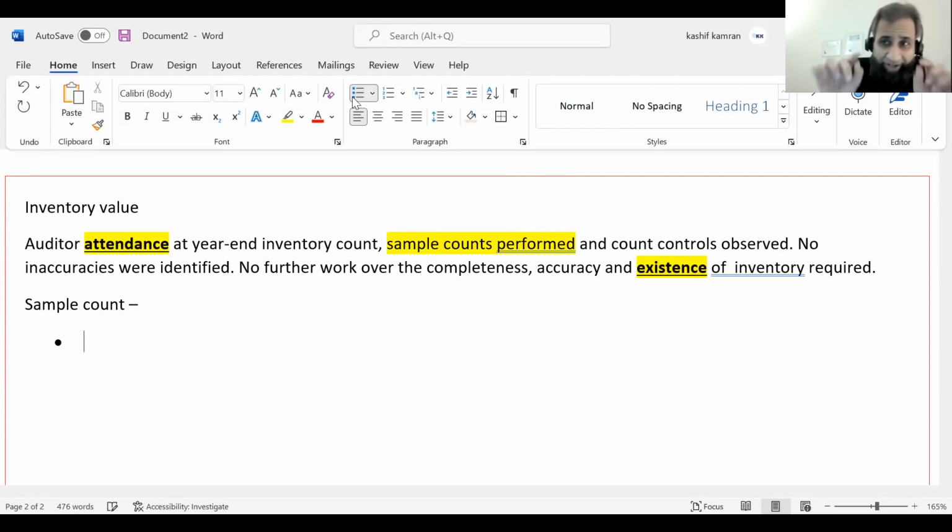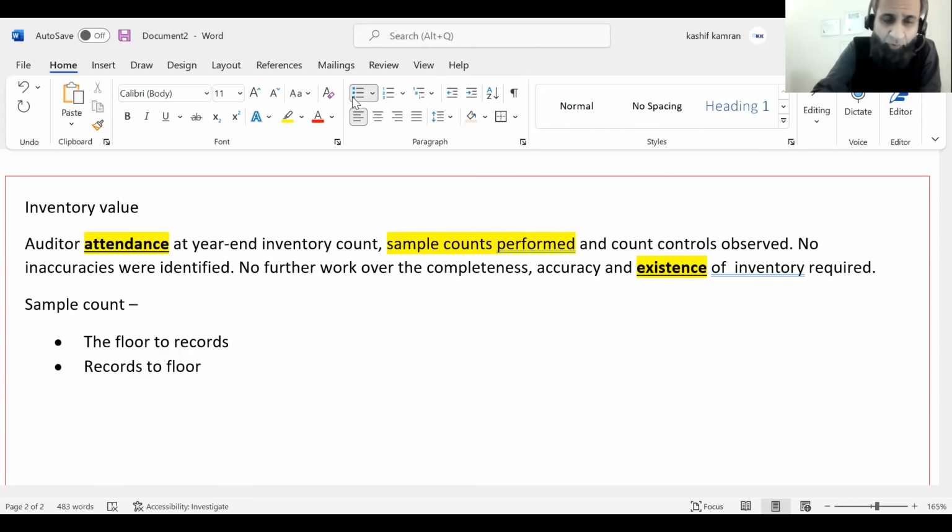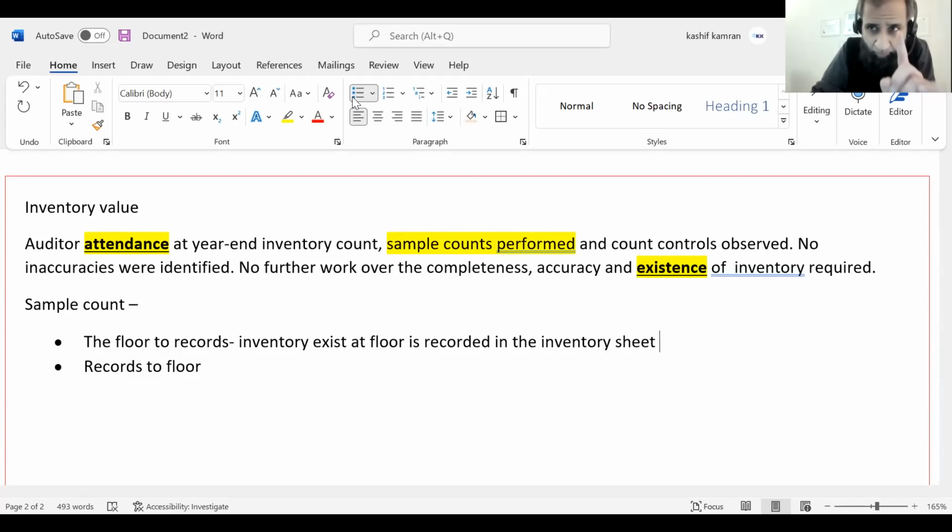Number one sample count is from the floor to records, and one sample count is from the records to floor. For example, if I am doing a sample count from the floor to record, that means inventory that exists at the floor is recorded in the inventory sheet.